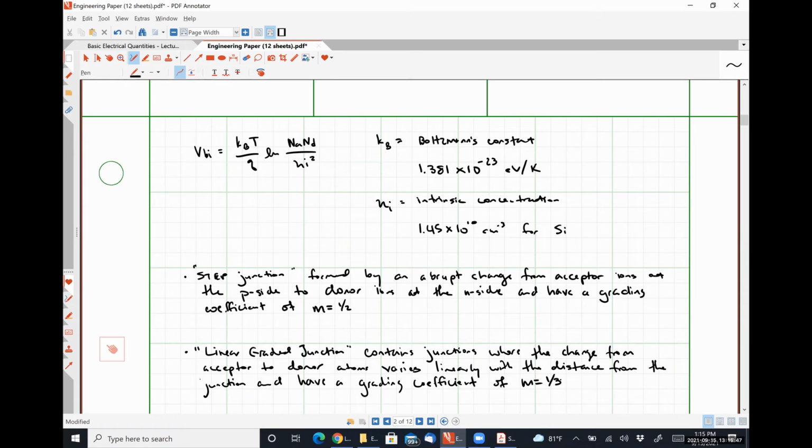Linear graded junctions are what happen much more in practice. You start by trying to form a PN junction by creating an N well. There's an established amount of P-type material inside the substrate, and you implant that N well, replacing a bunch of atoms in a specific region, and then thermal diffusion occurs.